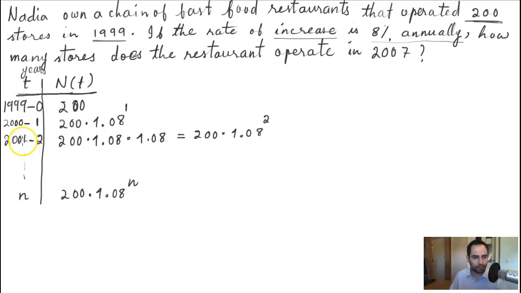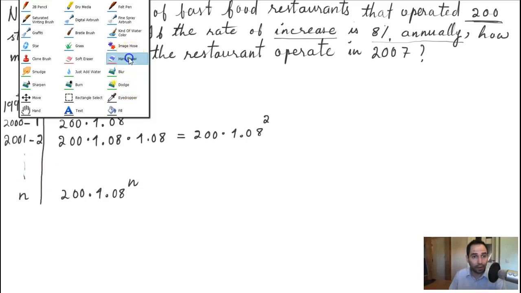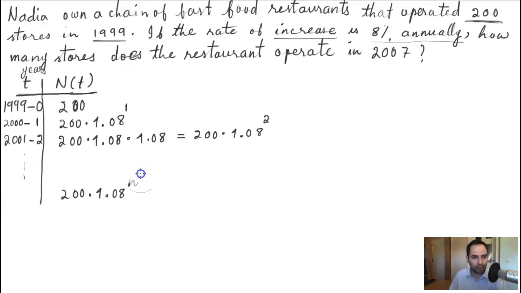It is 8 years after 1999, so t is equal to 8. So after t years, this is going to be 200 times 1.08 raised to the tth power.